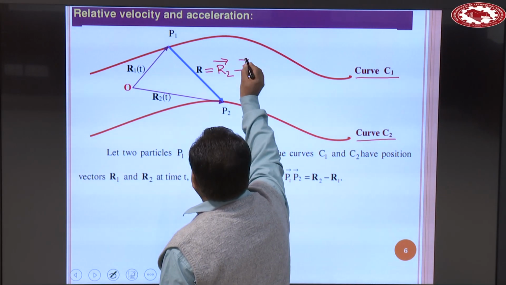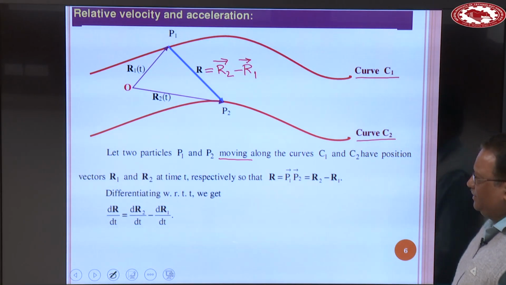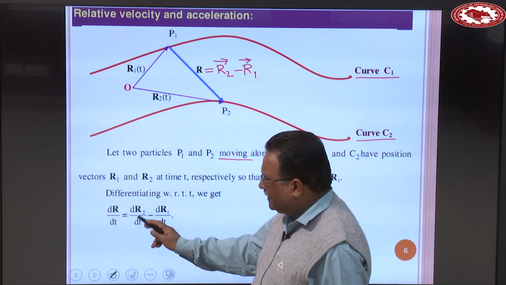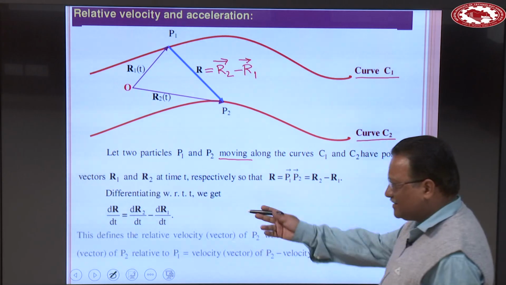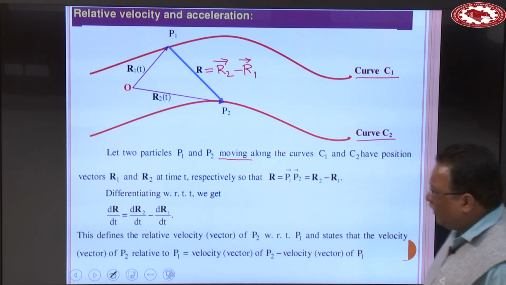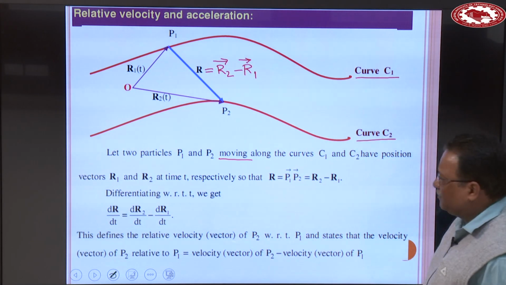Differentiating with respect to t, we obtain dr over dt equal to dr2 over dt minus dr1 over dt. This defines the relative velocity of P2 with respect to P1.